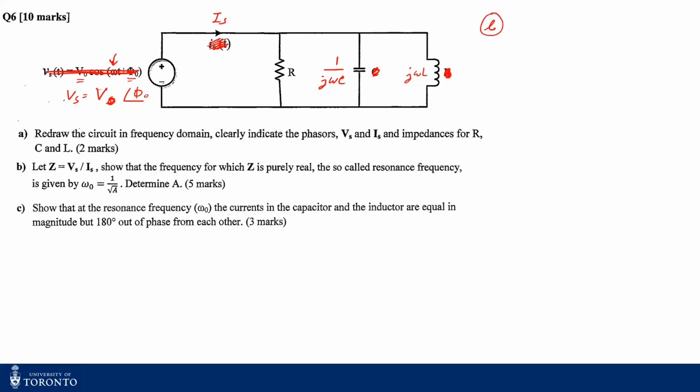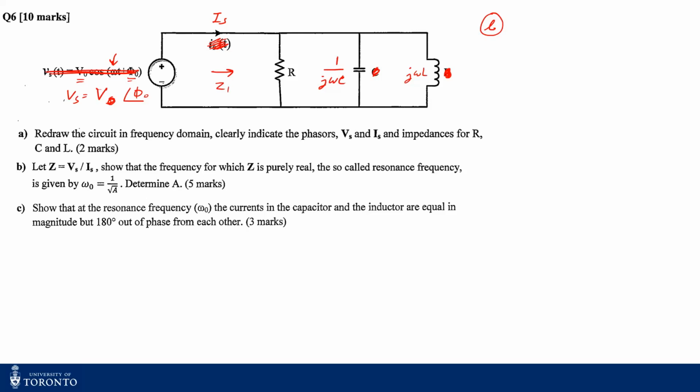All right. Now in part B, they have asked you to find Z such that Z is purely real, and you have to show that at that frequency, which is known as the resonance frequency, omega naught is equal to 1 by root A, and you have to find what A is. So what's my Z?